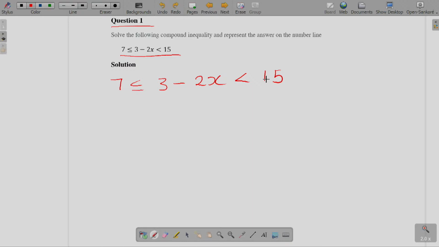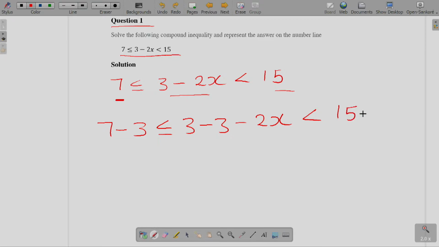The second step is to subtract 3 from all parts of the inequality. So we will have 7 minus 3 less than or equal to 3 minus 3 minus 2x less than 15 minus 3.